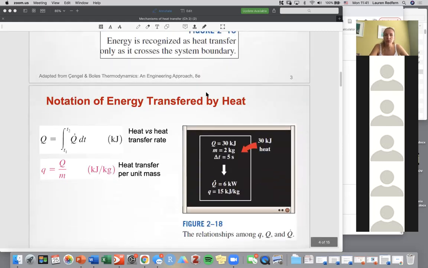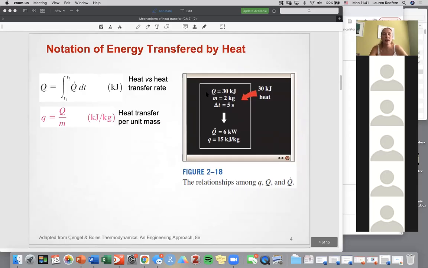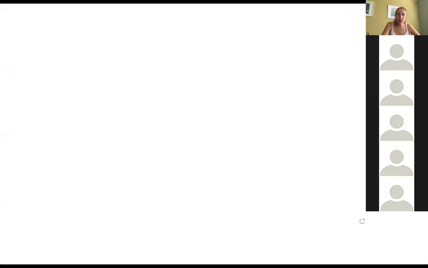All right. When we're looking at energy transferred based on heat, and we can look at specific energy, this is related to the rate of heat transfer, which is going to be Q with the dot over the top.